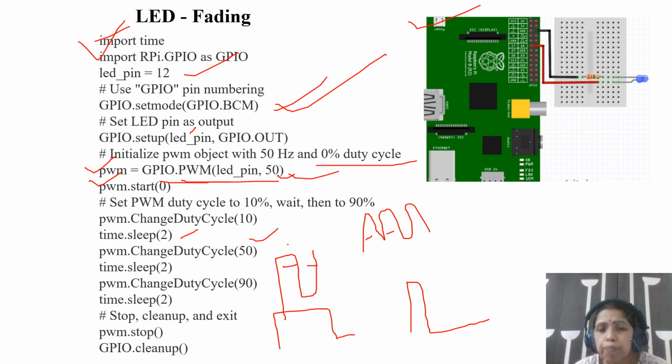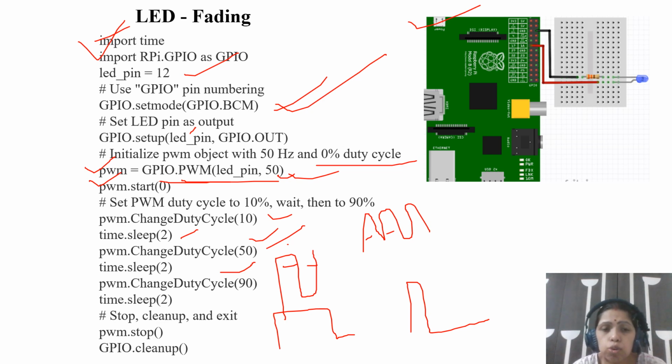In this way, if you give the duty cycle pulse width modulation, then the LED will turn on. If you send this signal, the LED will be bright but the intensity is very low. If you send this signal, intensity is medium. If you send this duty cycle, intensity will be high. This will also be sustained for 2 seconds.